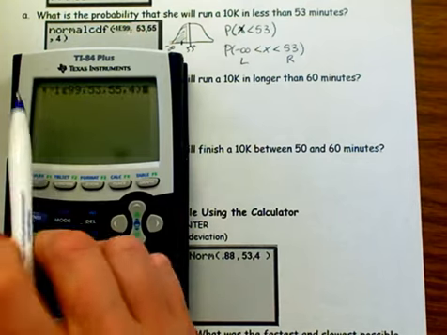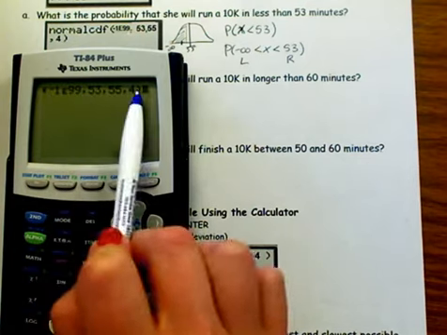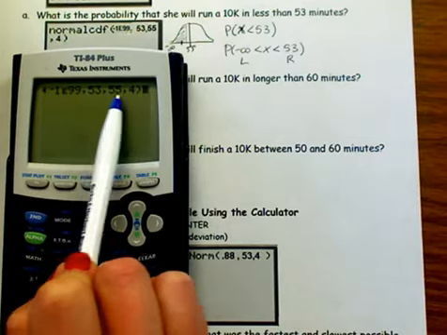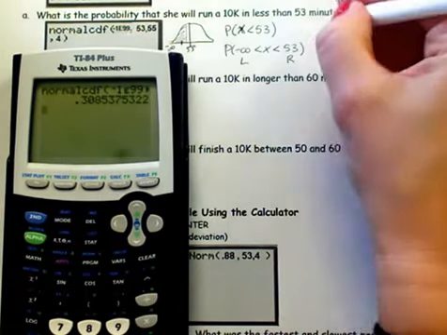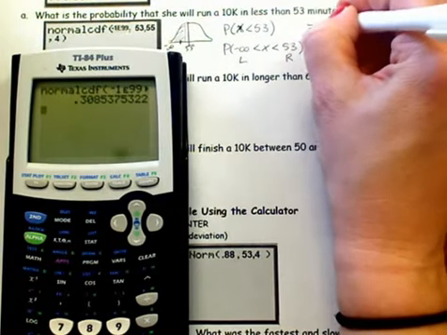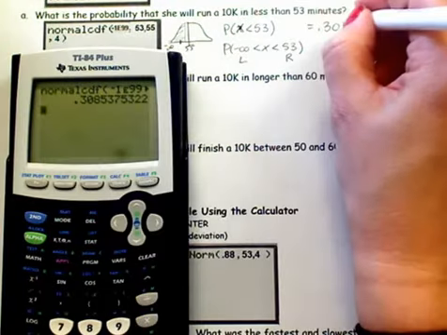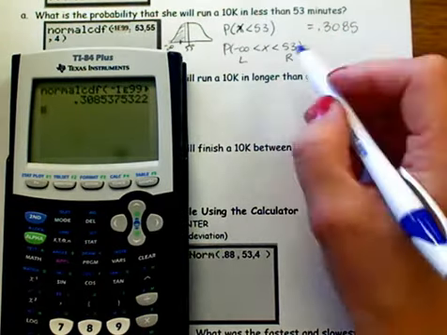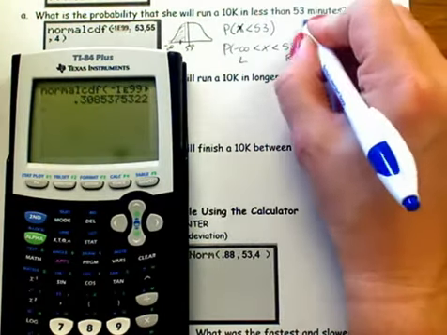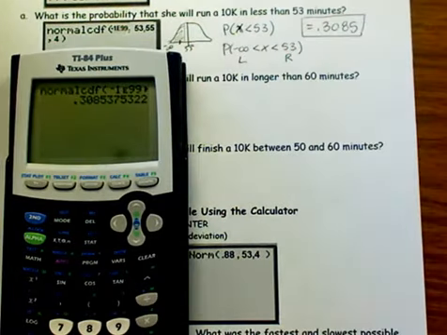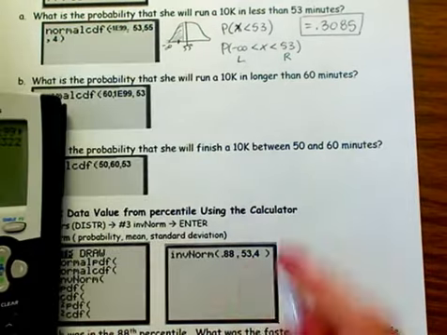If you have an 83, it's going to look like this to start. Make sure you're separating with commas. Equals 0.3085. Go ahead and round to 4 digits here. Compare with the worksheet that you just did. 3085, yes. Okay, let's do question 2.